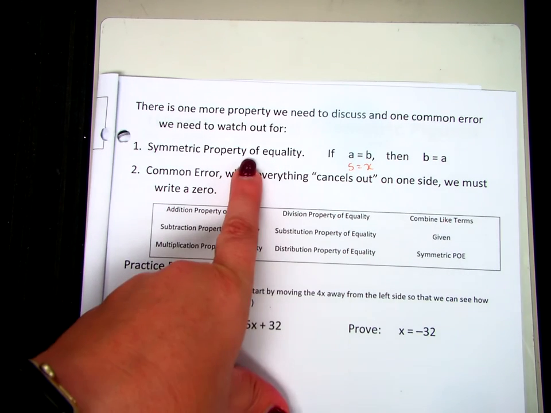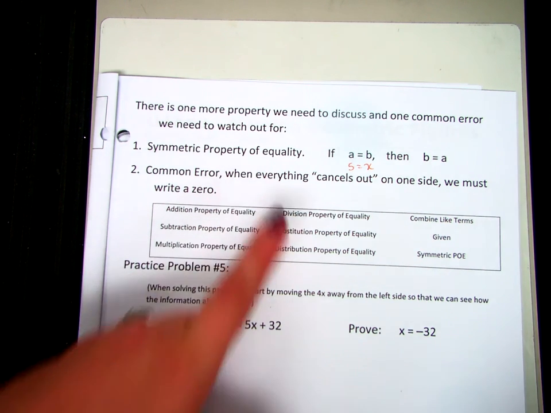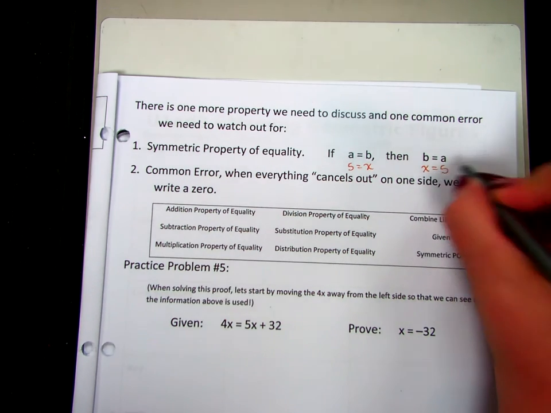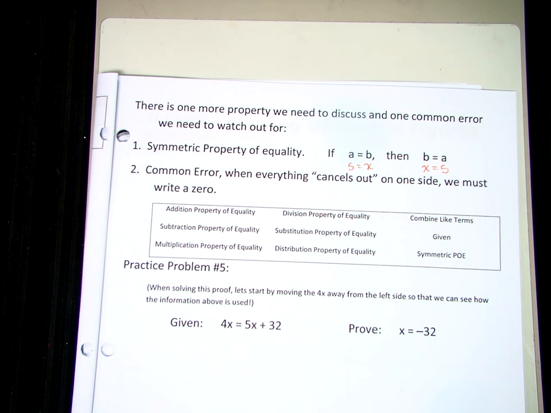You use the symmetric property of equality, so symmetric POE, to switch that so that you have the x on the correct side. So if 5 equals x, we can know that x equals 5. It's just moving the different sides of the equal sign.